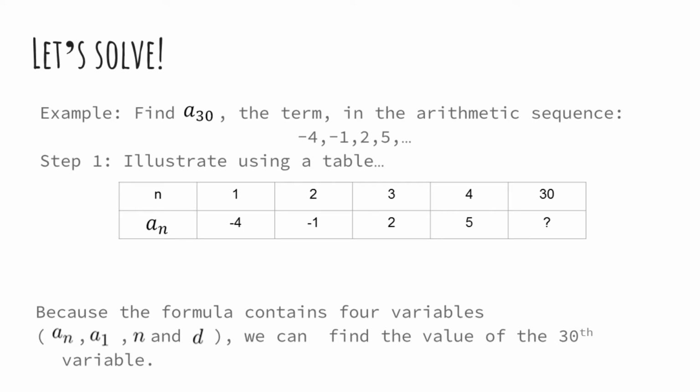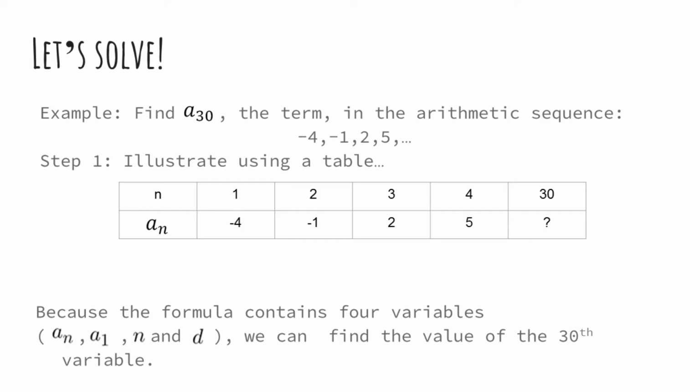Again, our n represents the term of the number sequence. So for the first term, we have negative 4. So for the n which is 1, for our a sub 1, we have negative 4.